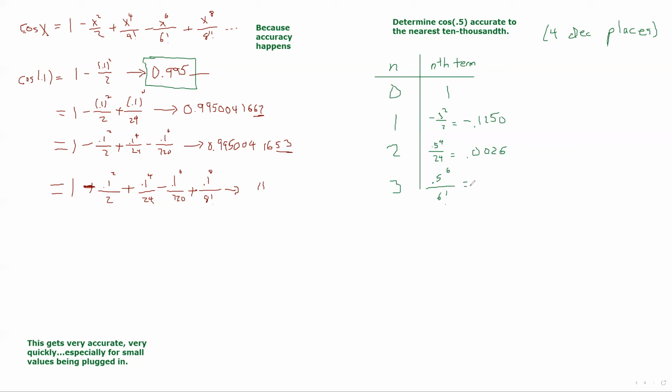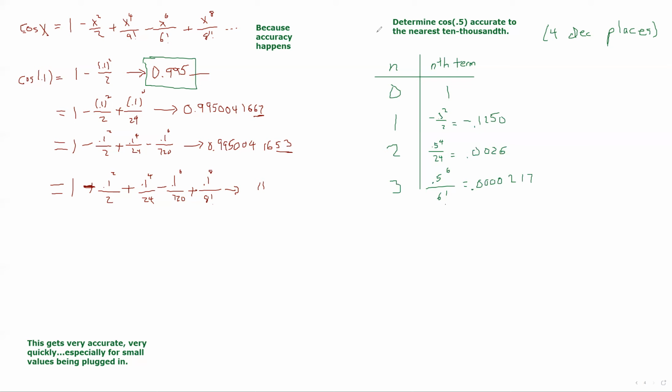So 0.5 to the 6th divided by 6 factorial, which was 720, is, and it writes in scientific notation for me, 0.12345. Fifth digit in was the first one. We have something. All right.